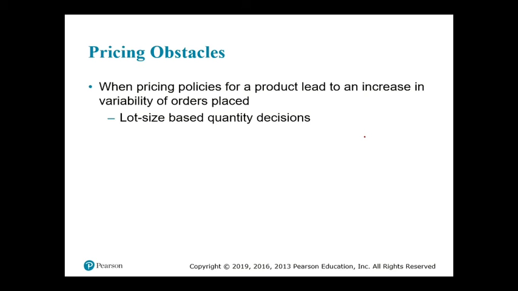We could say if you order one product, it's this much, but if you order 100, then each product is cheaper. This quantity discount will tend to generate large lot sizes, and large lot sizes will lead to operational obstacles and therefore lead to higher variability.